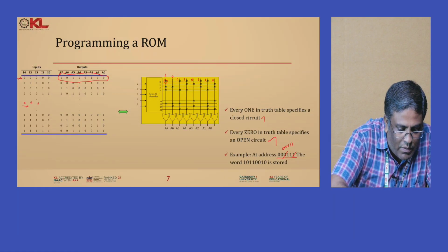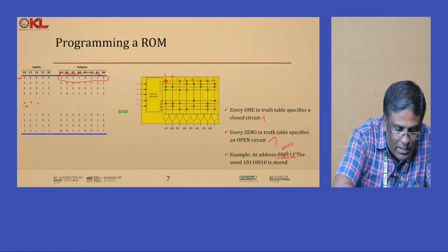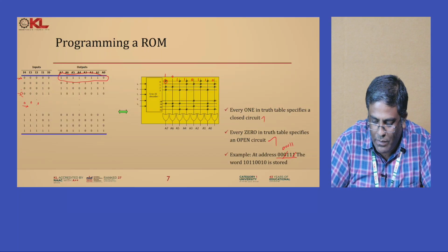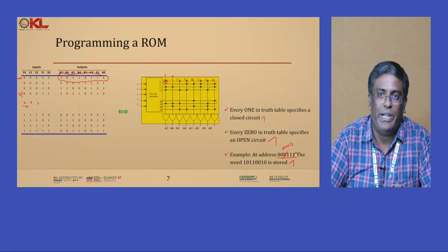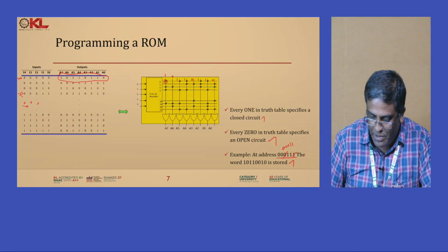So where 00011 is available, this will be the 00011. What is stored for the respective output is going to be taken as output at the end point over here. That's what we can witness from the table.